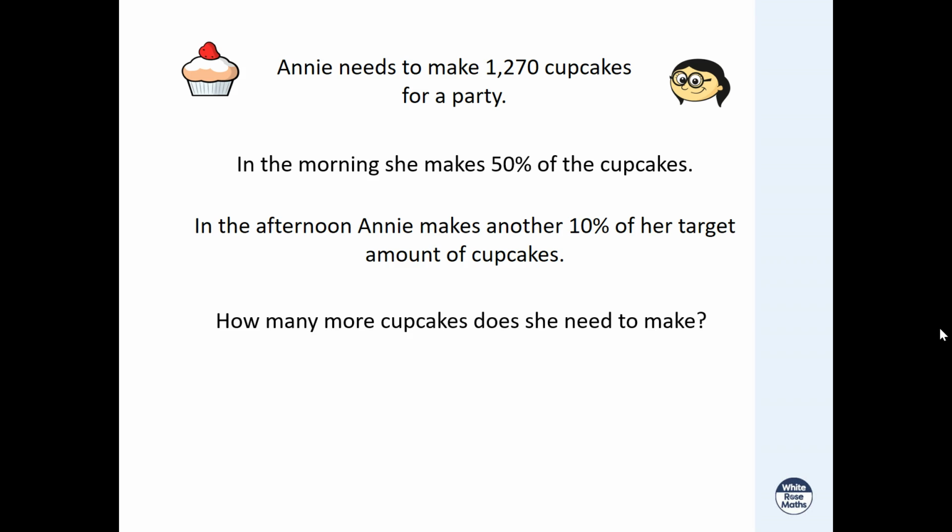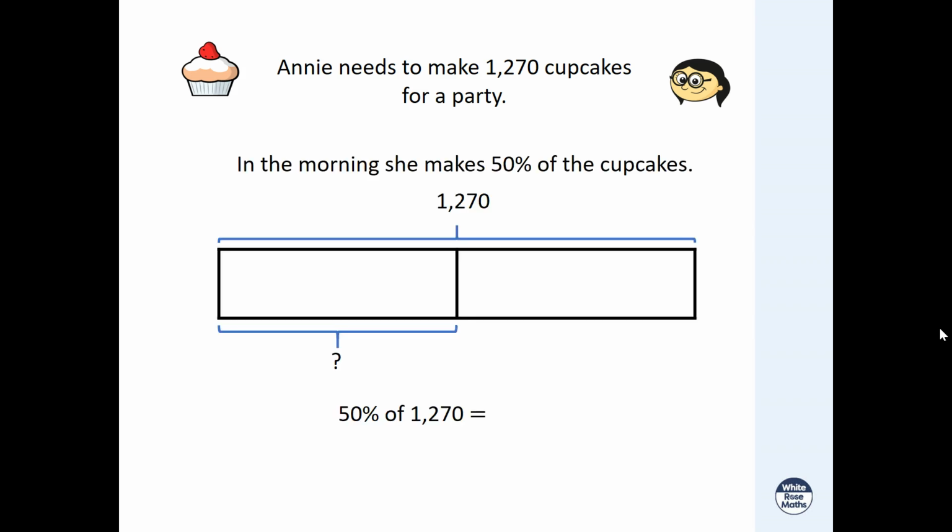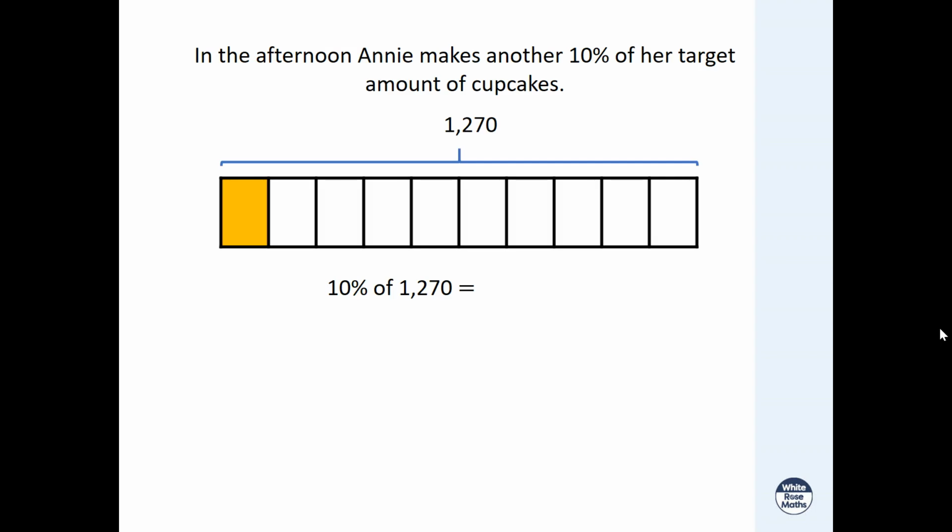Now it says how many more cupcakes does she need to make? So we need to get that number and do what with it? So we found 50%, which is 635. And we found 10%, which is 127.